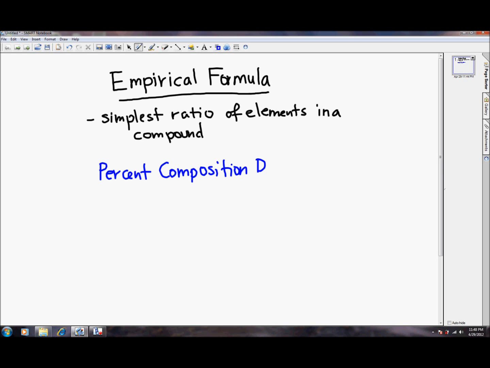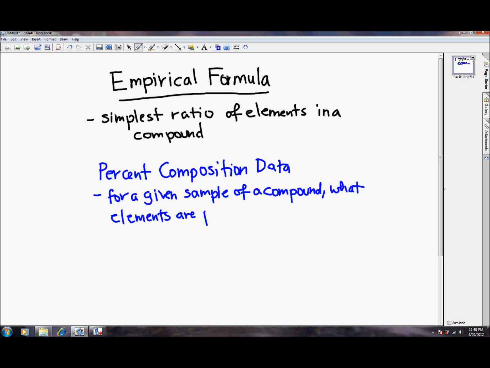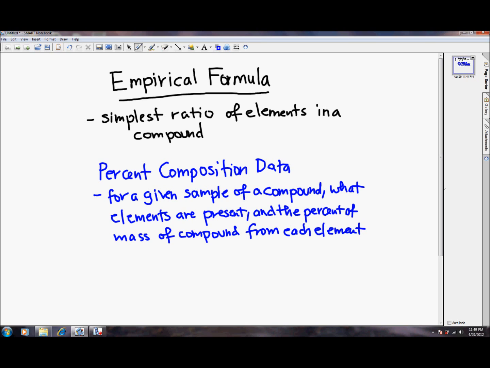Now we have techniques we use in chemistry labs to actually find the percent composition, but it basically tells you, for a given sample of a compound, what elements are present, and the percent of mass of the compound from each element. Okay, so this is the data that we begin with in order to determine an empirical formula.